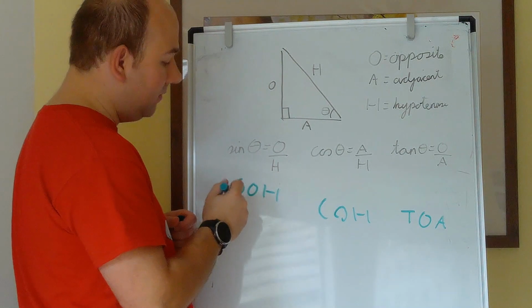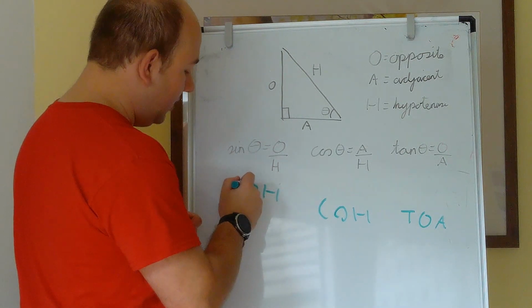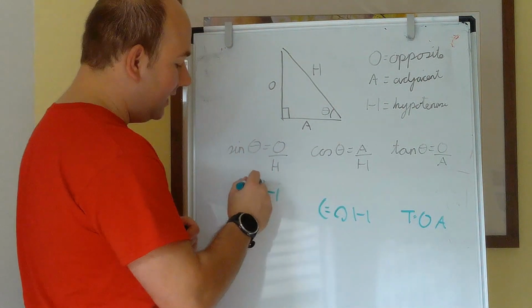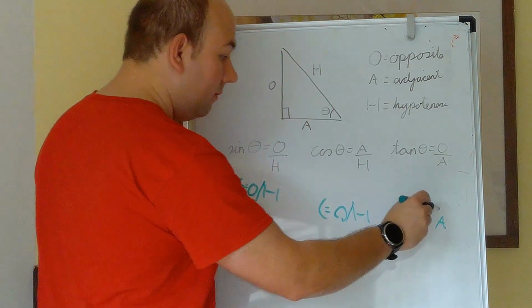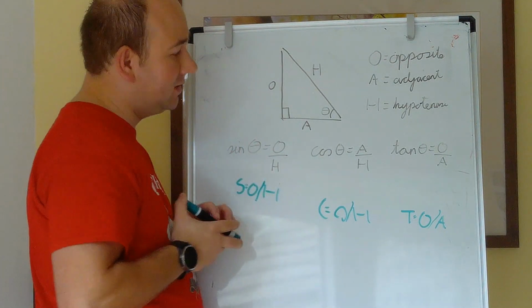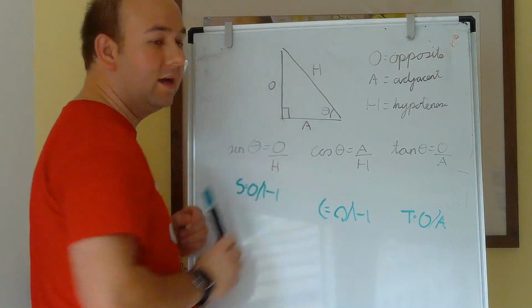All you have to remember is this becomes an equals after the S, after the C, after the T, and then there's a division between those as well. So this is the basics of trigonometry of a right angled triangle.